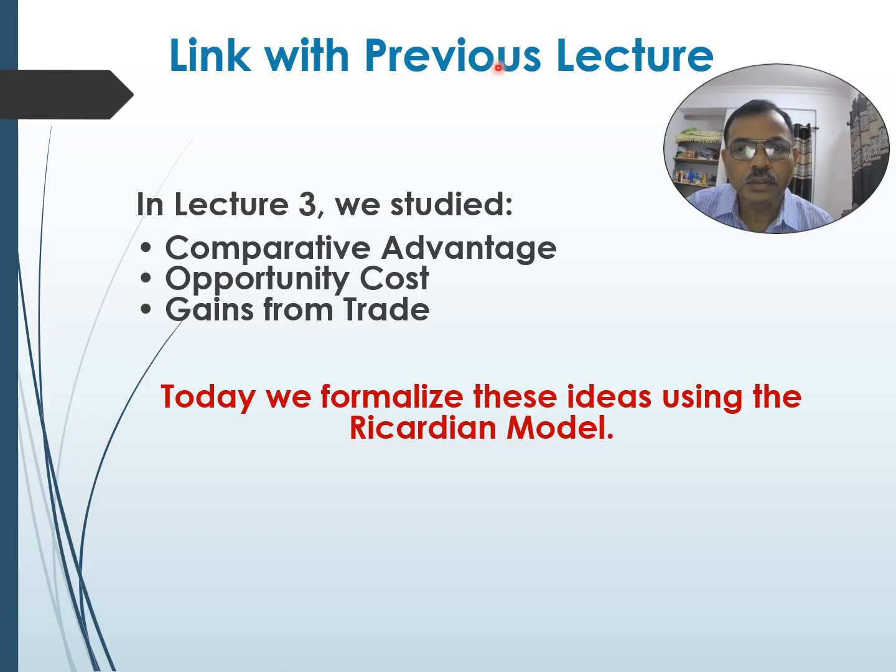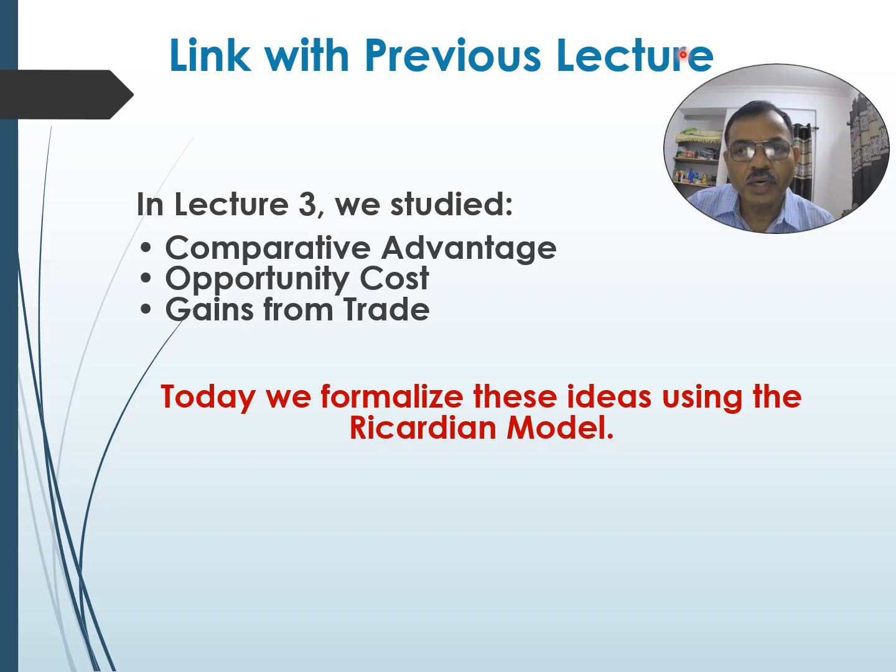We saw that opportunity cost determines the pattern of specialization and trade allows consumption beyond the production possibility frontier. Today, we formalize these ideas mathematically using the Ricardian framework. This will move us from intuition to structured economic analysis.